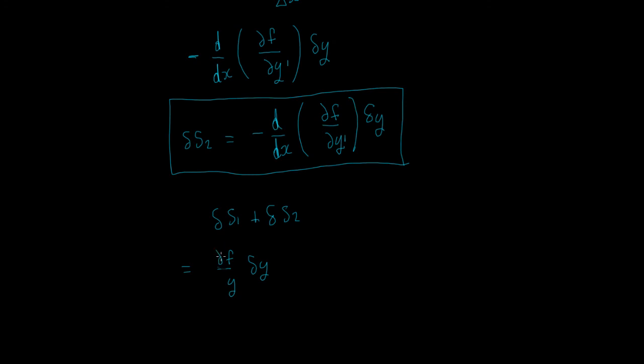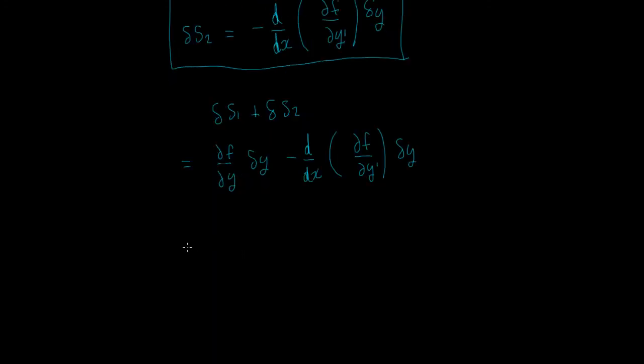So that's partial f, partial y by dy. Okay, and we're adding this term on, so that would be minus d by dx of partial f by partial y derivative times delta y.